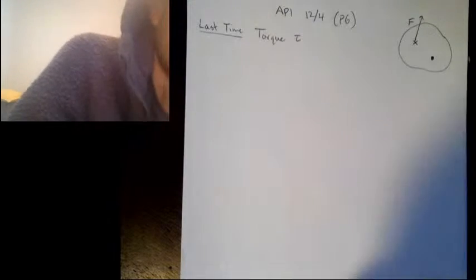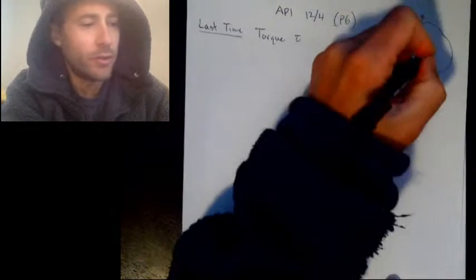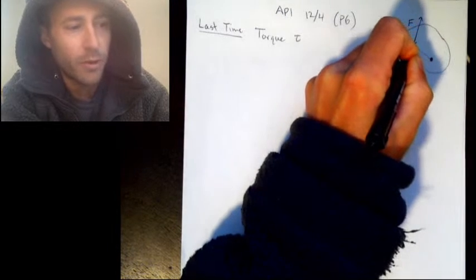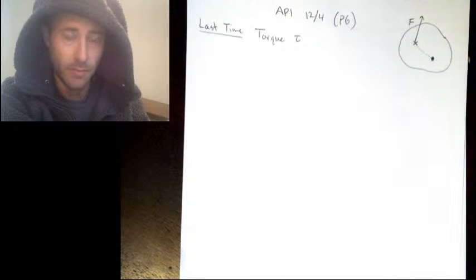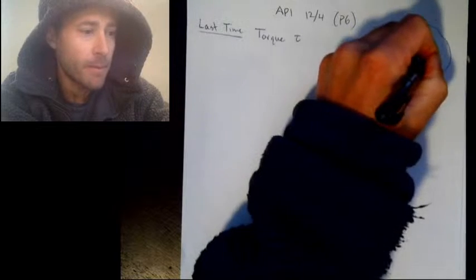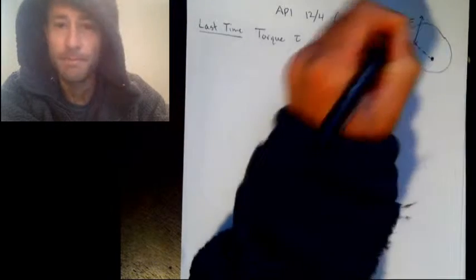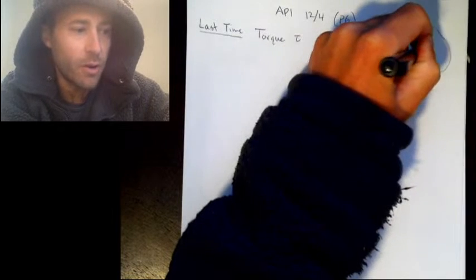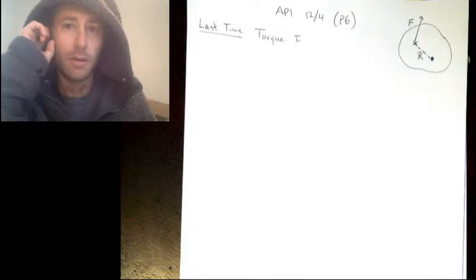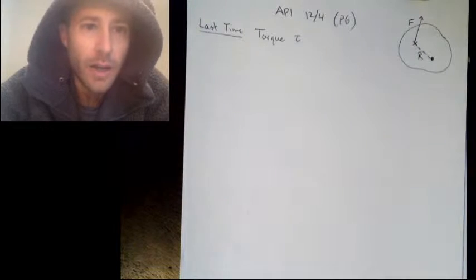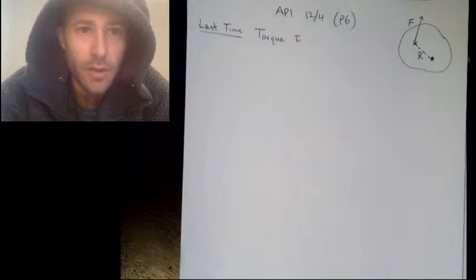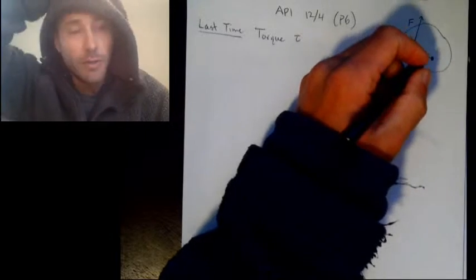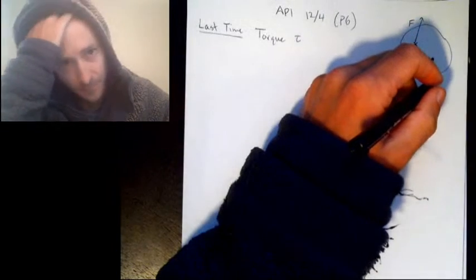So what you do is you draw a line segment that goes from the pivot point to where you're applying the force, and you measure the length of that line segment, and that's called R. And now that that line segment is defined, we can define the perpendicular to that line segment.